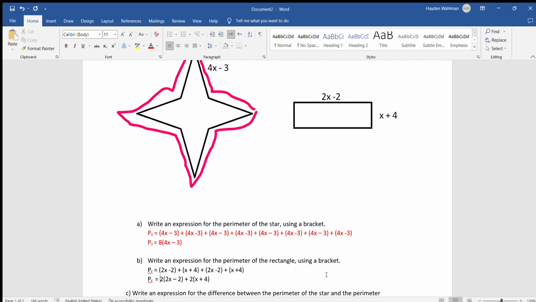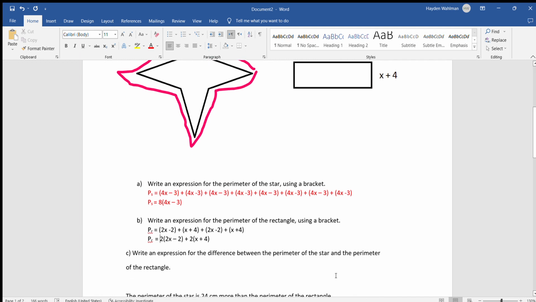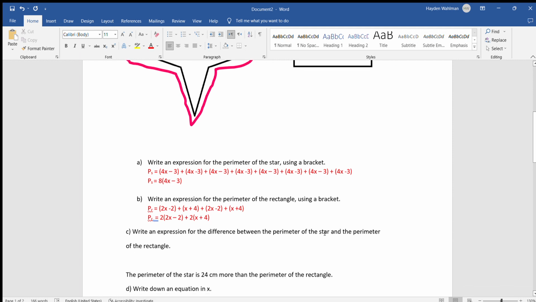That's kind of what it's going to look like. You know what? I think this is fine. Never mind, we don't have to do brackets here. Okay, we can leave it like that. That's fine. So that's the perimeter of the rectangle. That's it simplified. So we have it up here in its long version, and then we just simplify it down here.